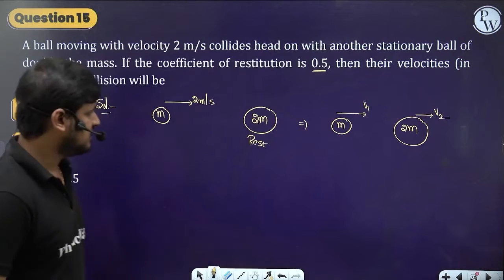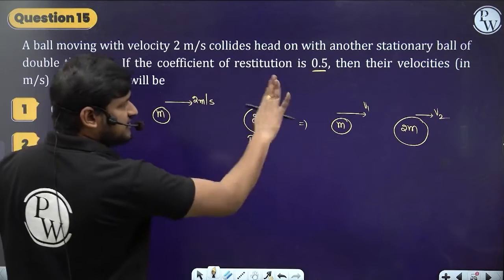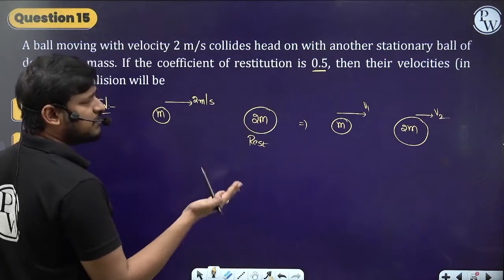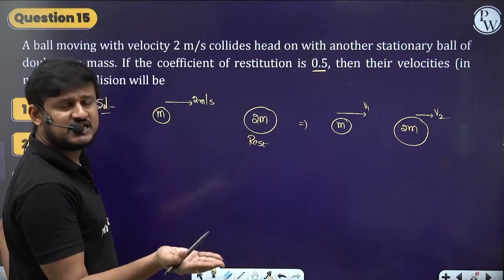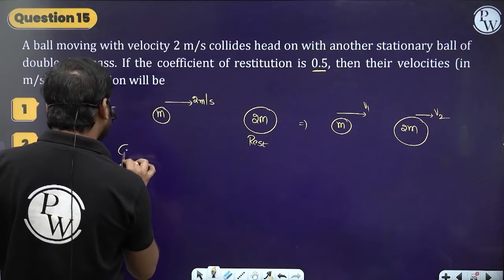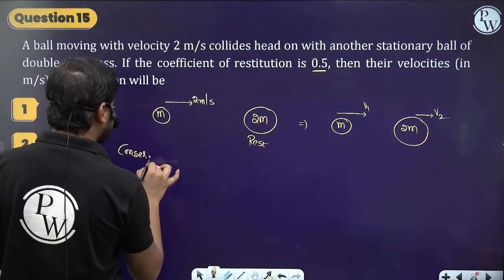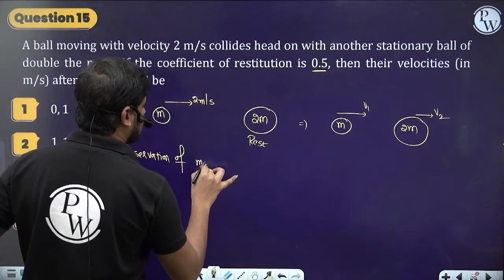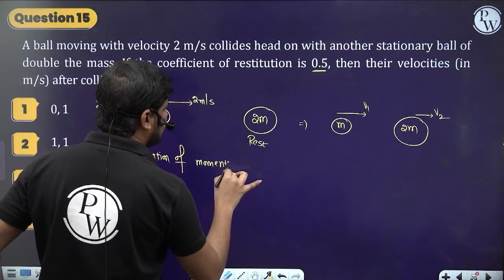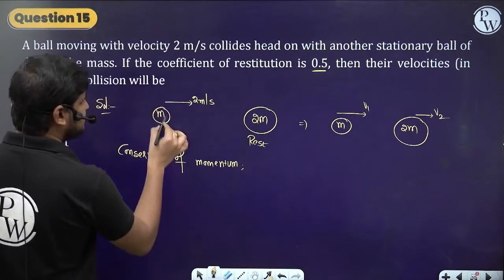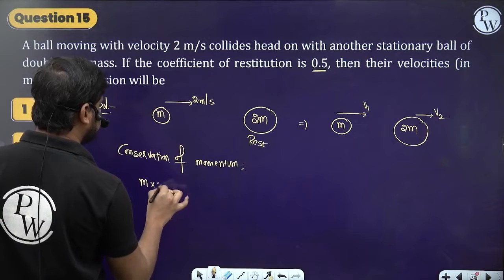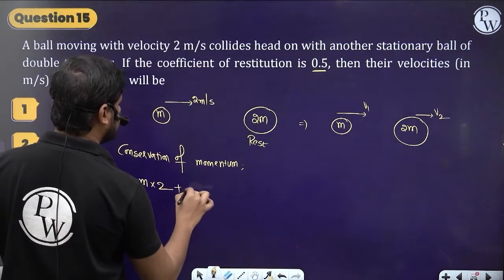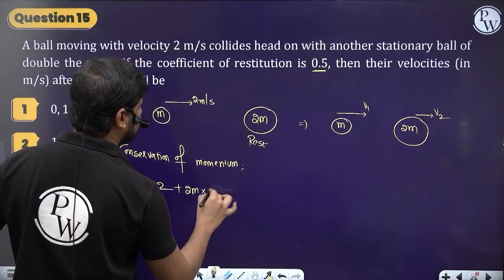Now, whether it's partially elastic or partially inelastic, we can simply apply the conservation of momentum. The first thing is to apply the conservation of momentum. So we can write mass M into its velocity 2, and second one, 2M into its velocity 0, it is at rest.